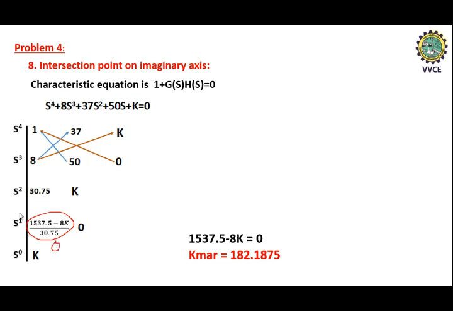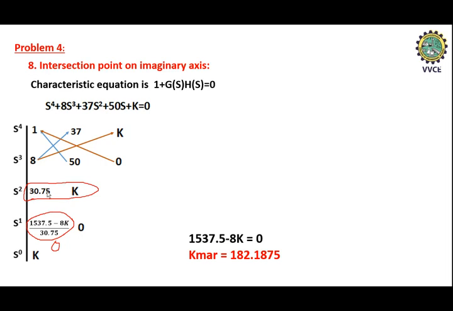And the s^1 row will have only 0 elements. So all the elements in the s^1 row are 0. To find the roots, you need to write the auxiliary equation using the previous row. Here the coefficient of s^2 is 30.75, and the s^0 coefficient is k.